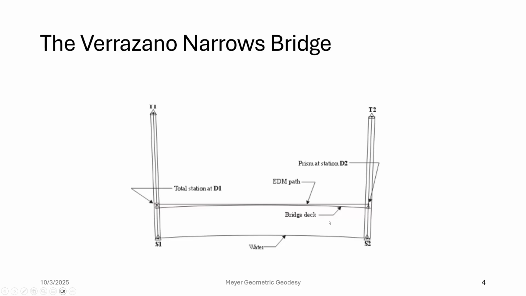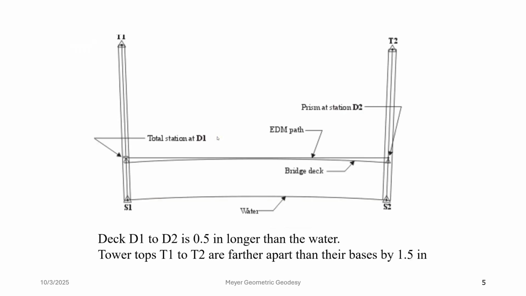If we were to also repeat this observation at the bottom station and at the top, we're going to get three different numbers, three different distances, despite the fact that the towers are plumb. They're plumb, but they're not parallel.